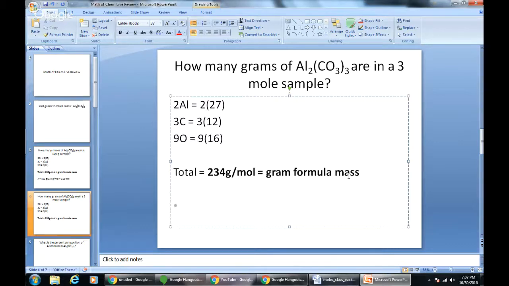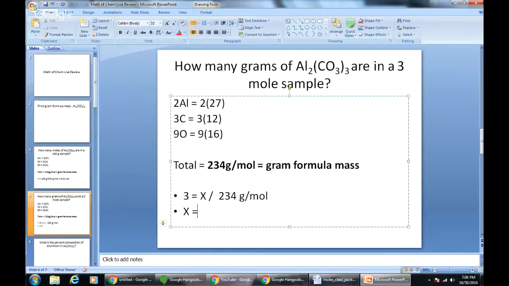They tell you that you have 3 moles, so 3 is going to be equal to given mass, and that's what you're looking for, how many grams. So given mass, I'll just make X over 234 grams per mole. So X will become, I have that here, 702 grams.